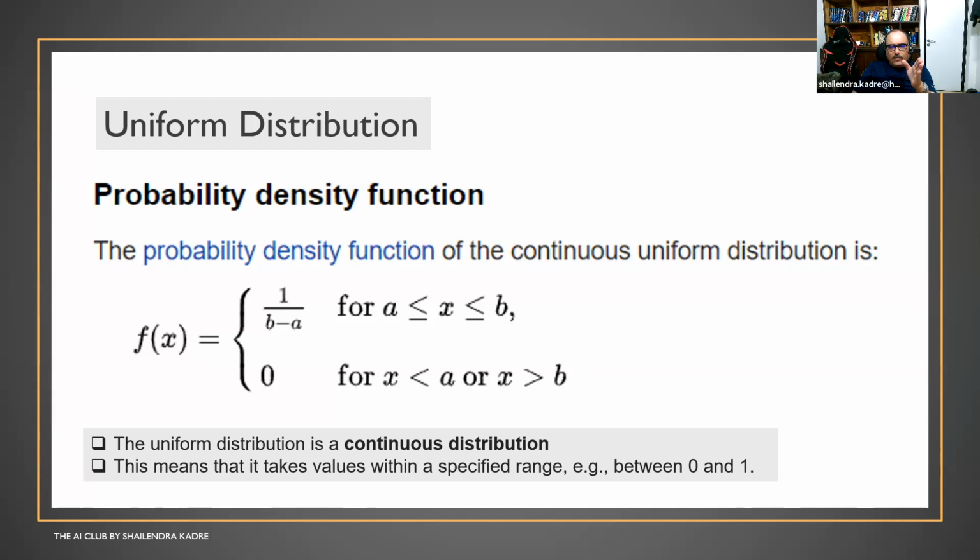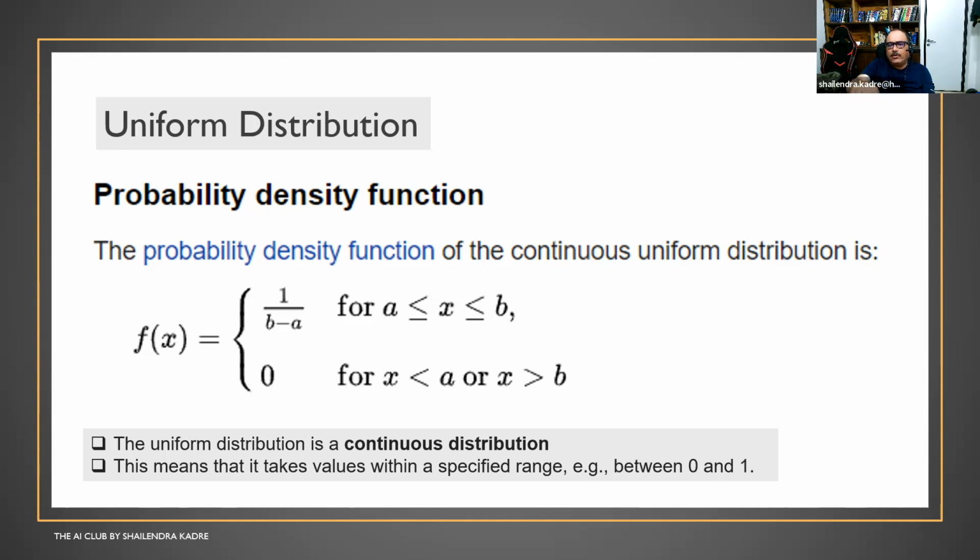If you want to define it formally, this is how it is defined. Small f(x) is nothing but the probability, and it is always the same. What is the value of that bar height? 1 upon b minus a, for x between a and b.